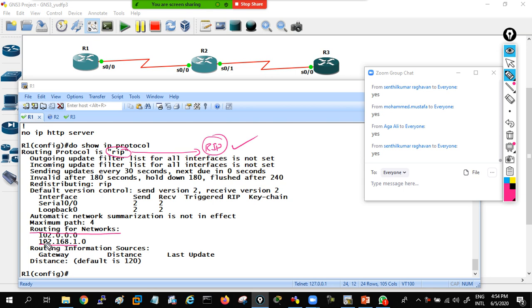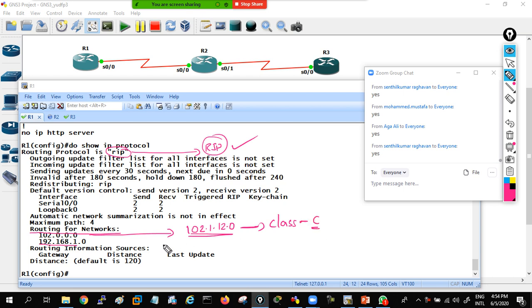192.168.1 and here, see, there is something crazy. Actually we advertised network 102.1.12.0, right? Which means we configured with a class C mask. Palani asked this question: Seshu, can we specify a subnet mask?